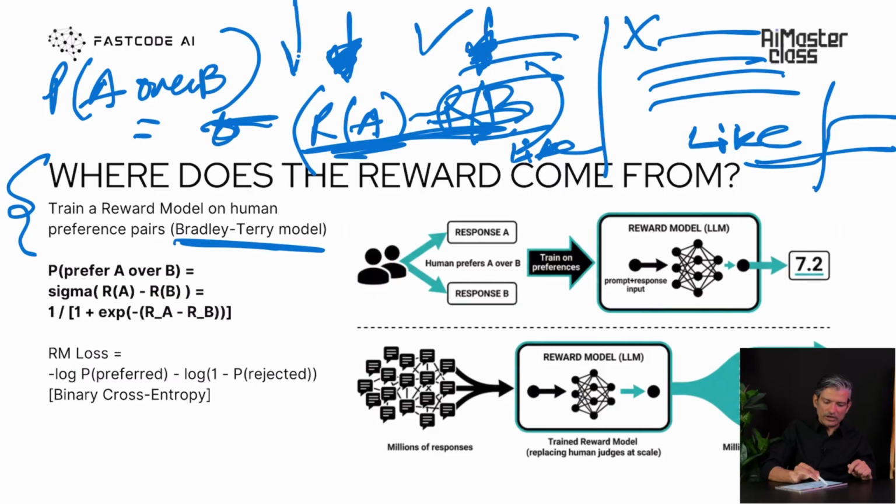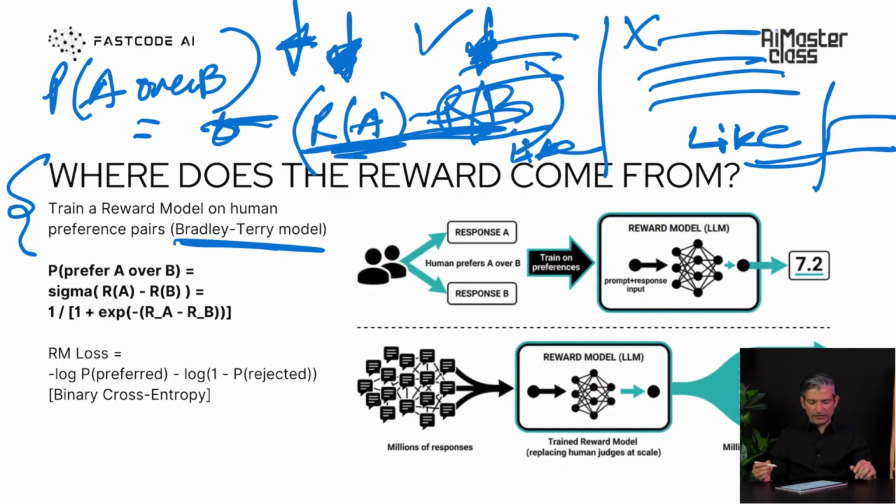You can do a negative log of this to then get the loss. So if my A is very high as compared to B, then I want my loss to be very low, and I want my loss to be very high otherwise. So this is not important.